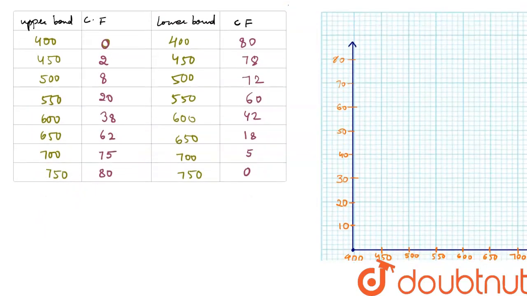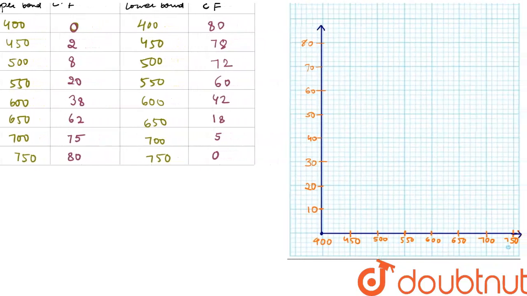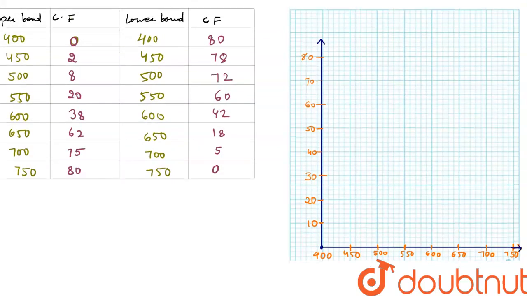Now let us draw the graph and plot the points we have written. This is our graph, and this is our upper bound. At 400 we are at 0, and at 450 we are at 2, which is approximately here.